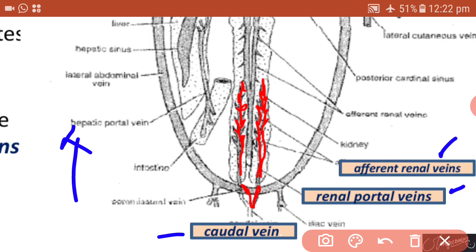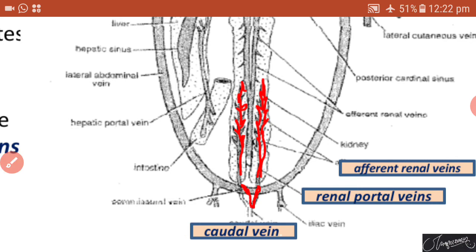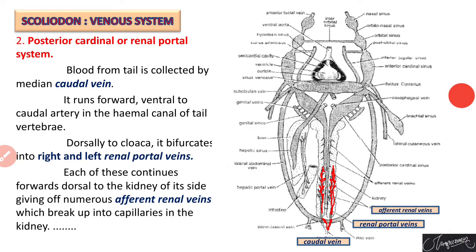So, caudal vein, renal portal vein, afferent renal veins, these are the branches of the posterior cardinal system or renal portal system.